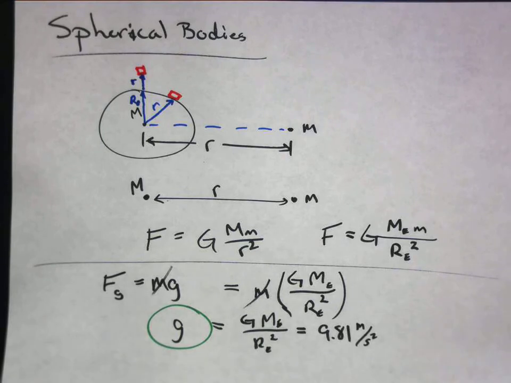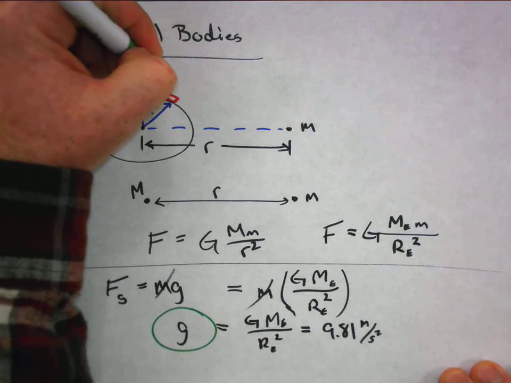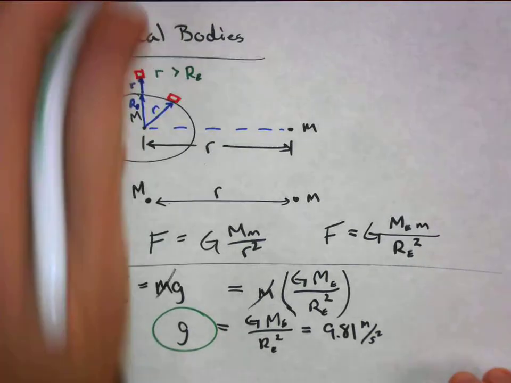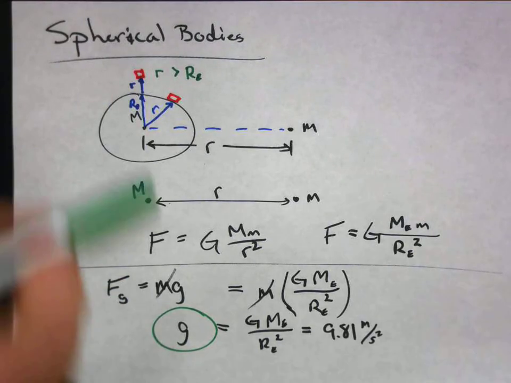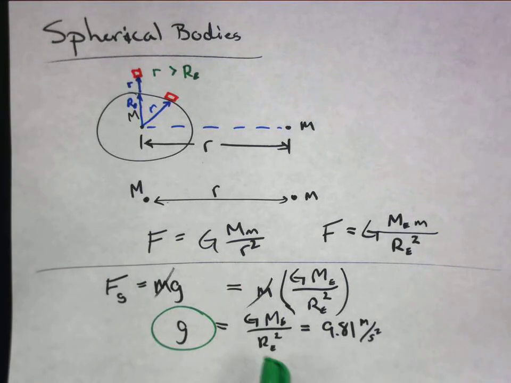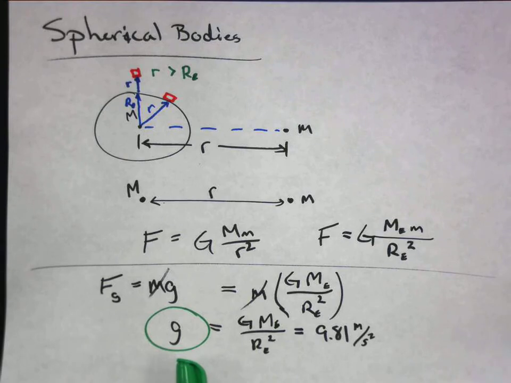But using this type of thinking, we can find the value of gravitational acceleration for any object at any distance above Earth's surface. And in those cases, we would simply have to say that the radius we use in our calculation is greater than the radius of Earth. And we just have to recognize, well, how high above the surface is it? We have to add the radius of Earth and simply perform our calculation here, and we can find a new value at that specific location. All right.